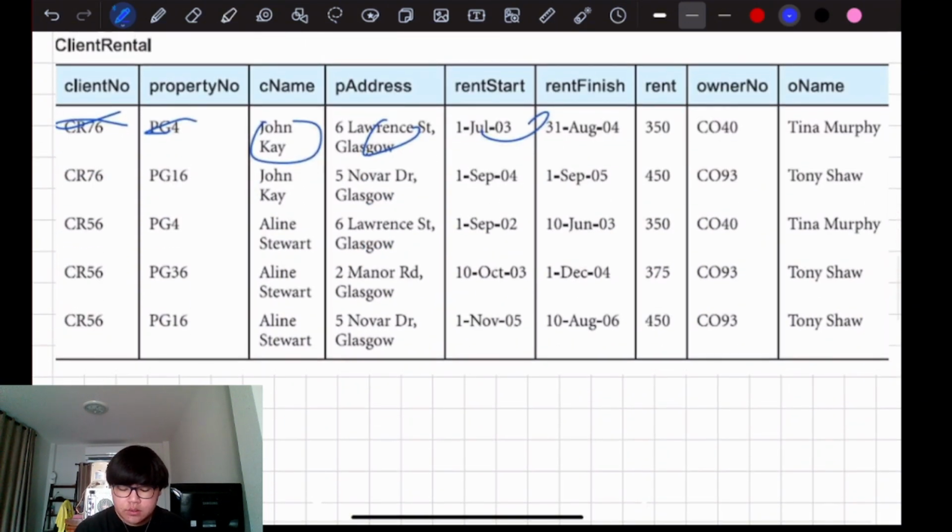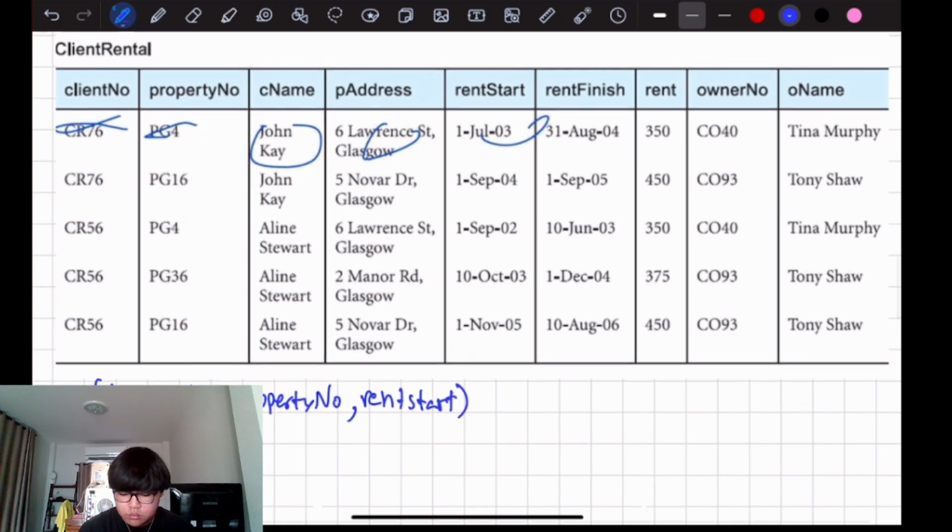In this table, the primary key is silent no, property no, and when start.